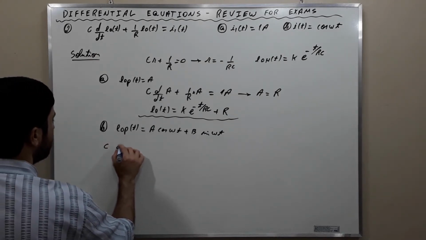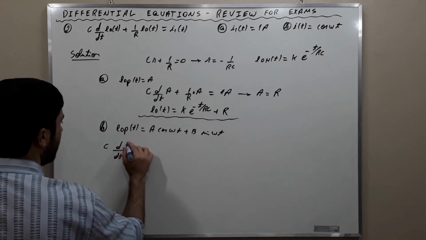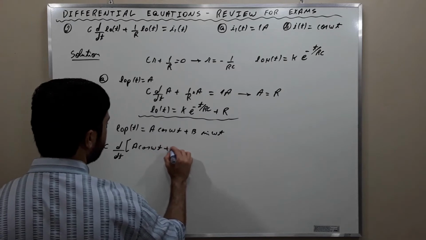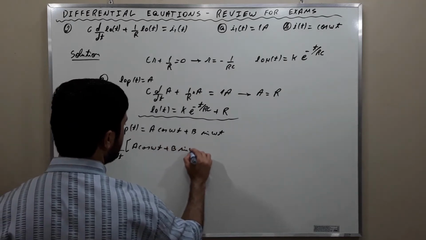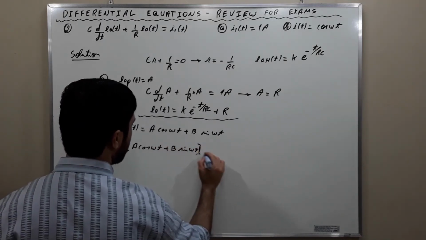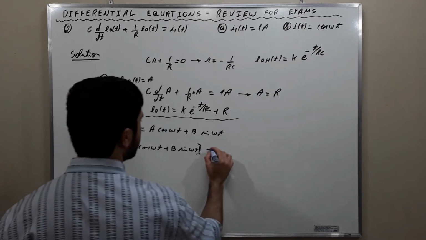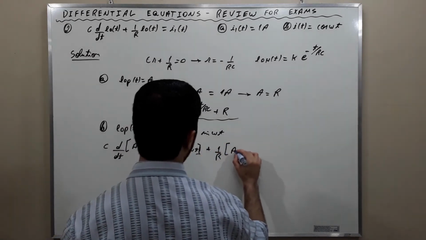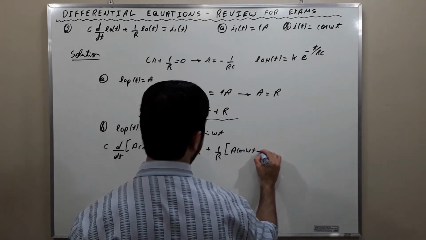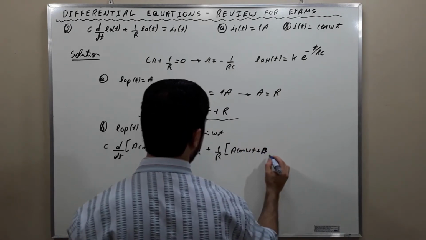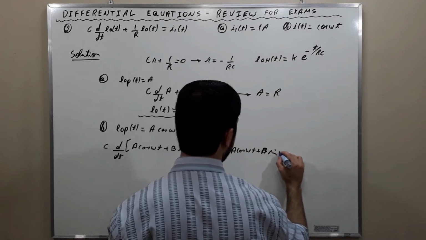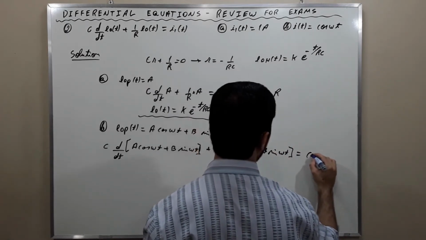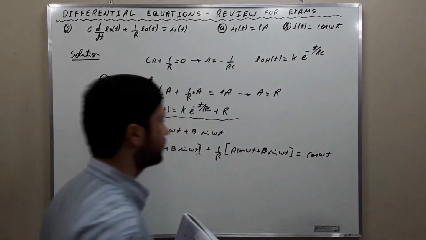Then it is the derivative with respect to time of A times the cosine Wt plus B times the sine Wt, plus 1 over R times A times the cosine Wt plus B times the sine Wt, equal to cosine Wt.